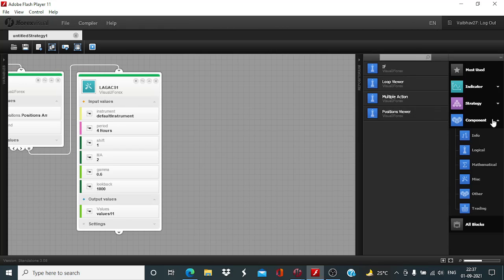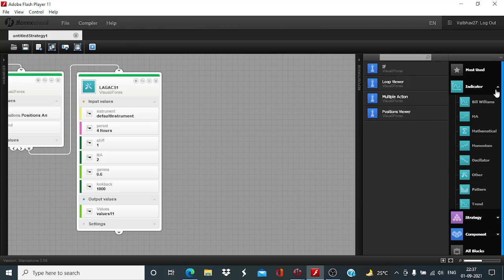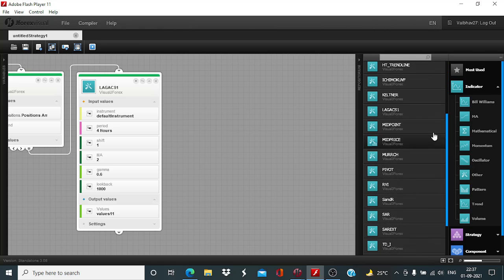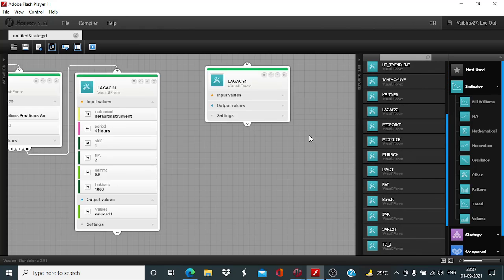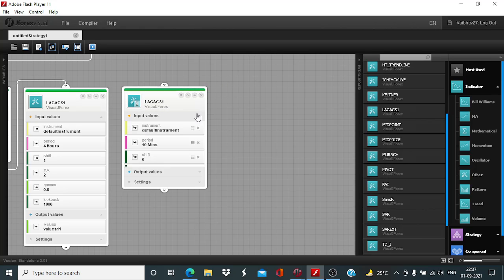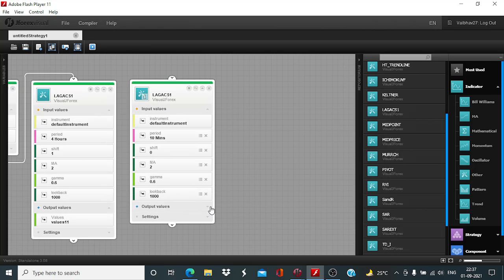In addition to this, we will need more Laguerre ACS blocks. For that, we have to add these blocks. We are going to need 3 Laguerre ACS blocks of the hourly time frame.